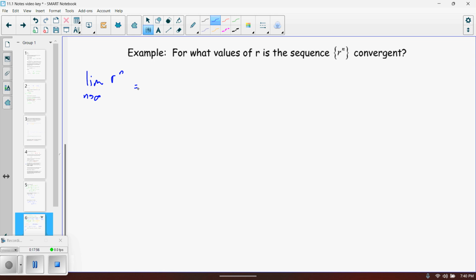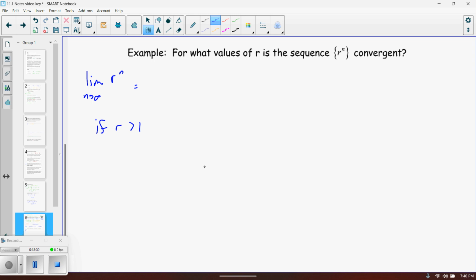So if r is greater than 1, a number bigger than 1, like 1.7, 2, 17, whatever number you want, doesn't have to be whole numbers, but anything bigger than 1, I am taking a base which is bigger than 1 and raising it to an exponent n. Now remember, these n values can't be negatives, they can't be roots of any kind, they're just positive whole numbers. I'm going to take it and raise it to a whole number.